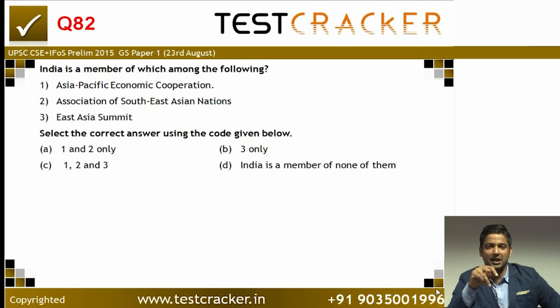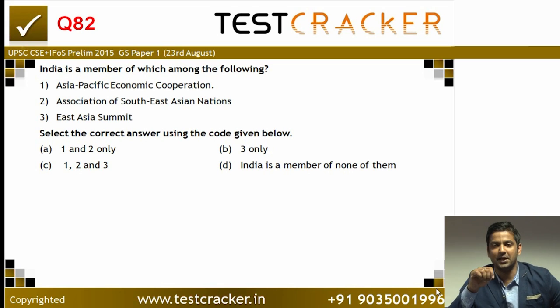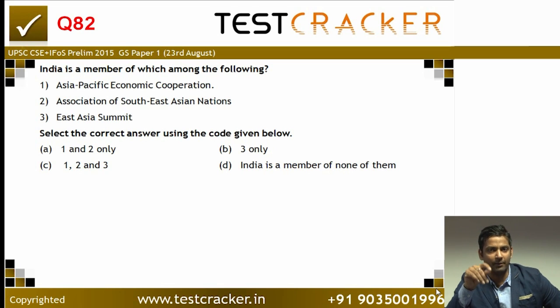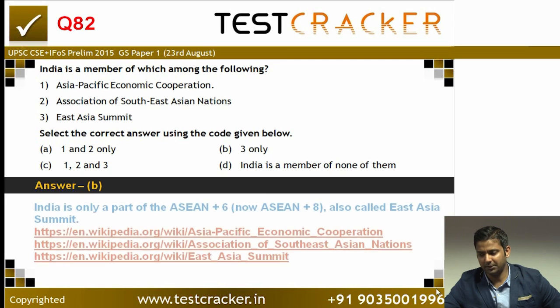And then you have ASEAN plus 6, which means in addition to China, Japan and South Korea, you have India, Australia and New Zealand. ASEAN plus 6 is called East Asia Summit. And recently, Russia and the United States have also been included in this, so it would become ASEAN plus 8. It does not matter, in any case India was always a member of East Asia Summit. Therefore, the answer will be 3 only, which is B.